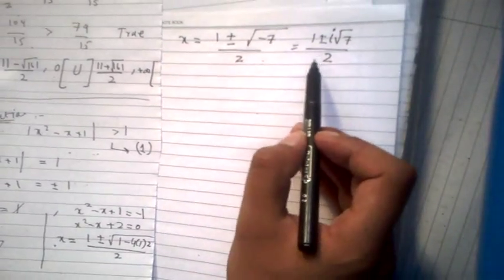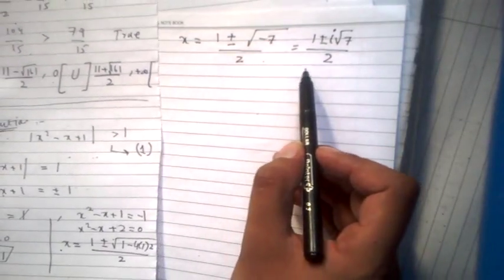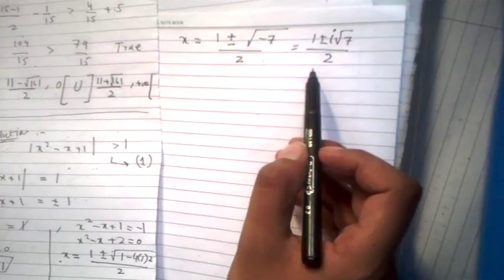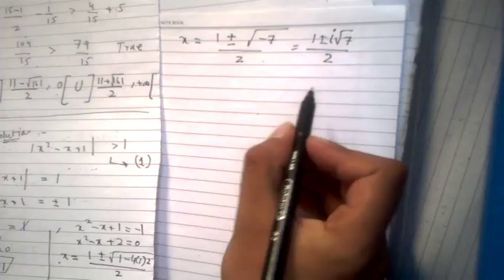Since these two answers are complex numbers, and complex numbers cannot be drawn on the real line, we cannot take these points as boundaries on the real line. Therefore these two are simply discarded.